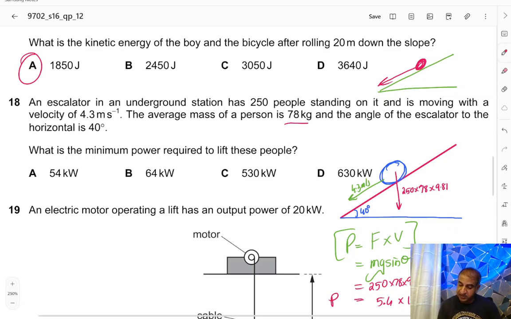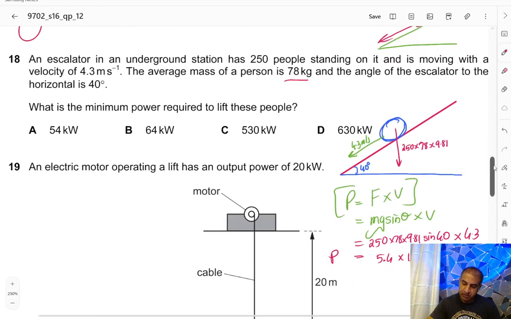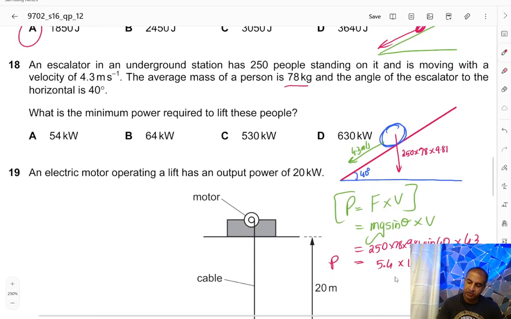We need to convert this into kilowatts because all the answers are in kilowatts. That would be simple. So we just need to change this into 10 to the power 3. So we're just going to multiply it.